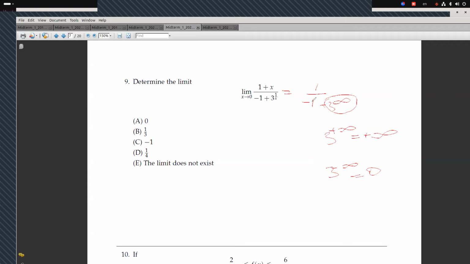So minus 1 or infinity? No, it doesn't exist. Yes, the limit doesn't exist, because from the right side it's going to be infinity, and from the other side it's minus 1. Okay, that was again very important, but for midterm number 2.